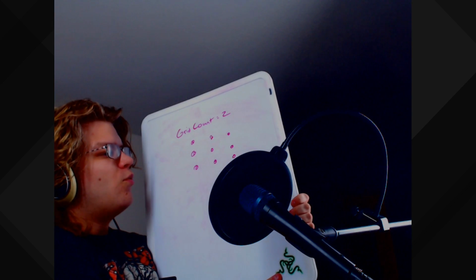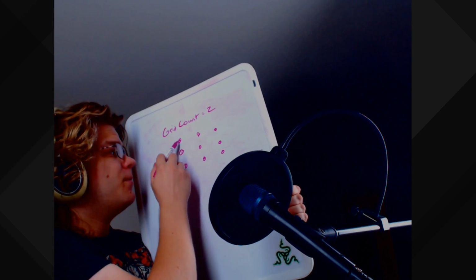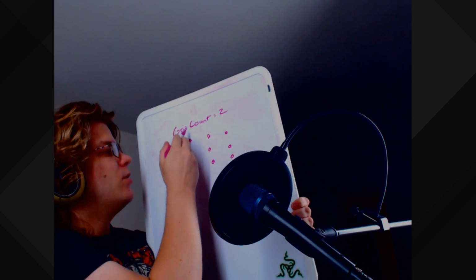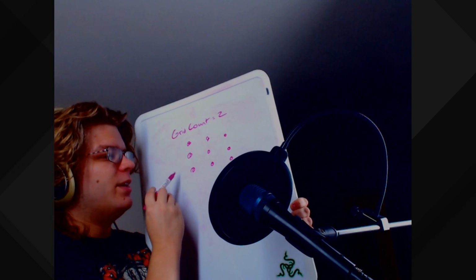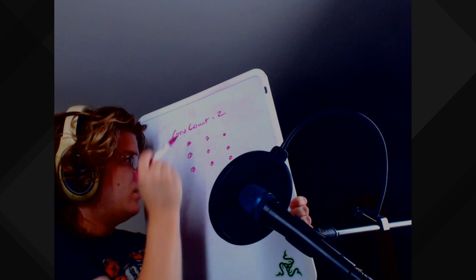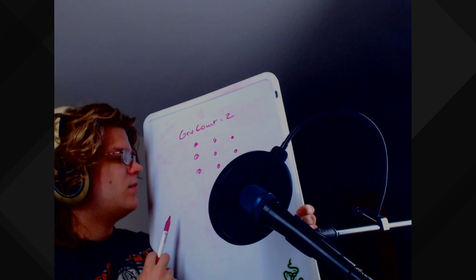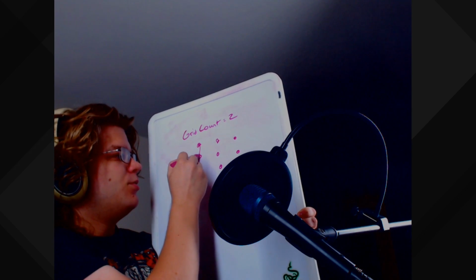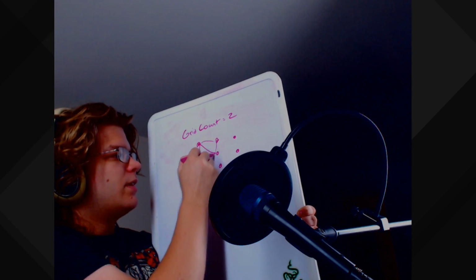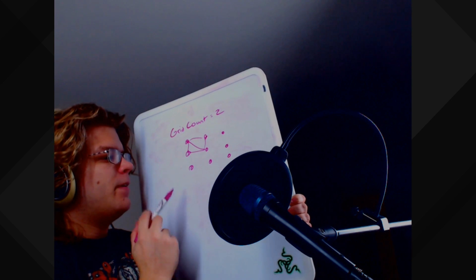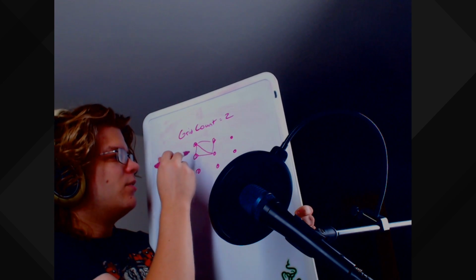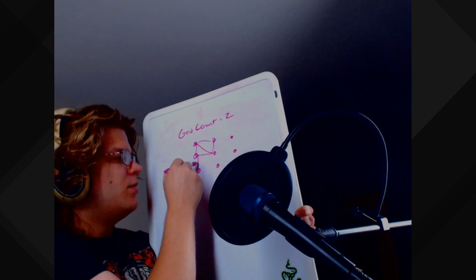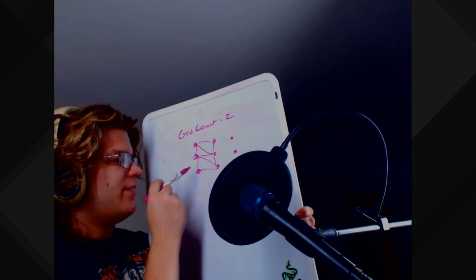So when we get here, we're going to start here. That's going to be our I equals 0. Yeah, I equals 0. We're going to do this kind of thing. Now that we've done that, we're going to go down here, I equals 1. Then we're going to do that sort of thing.